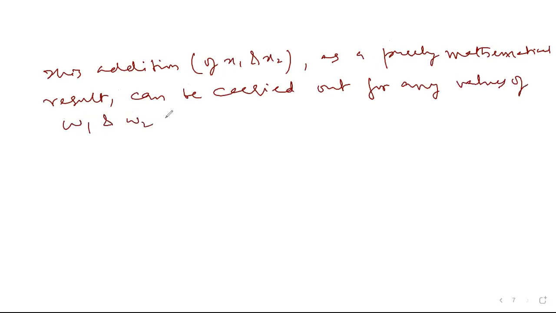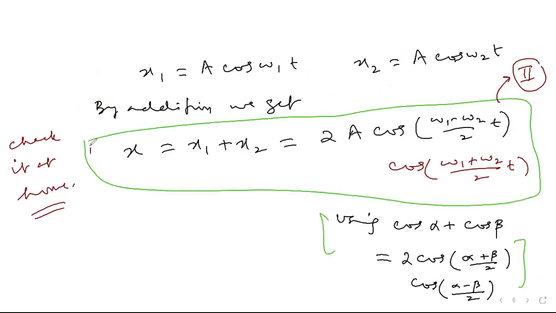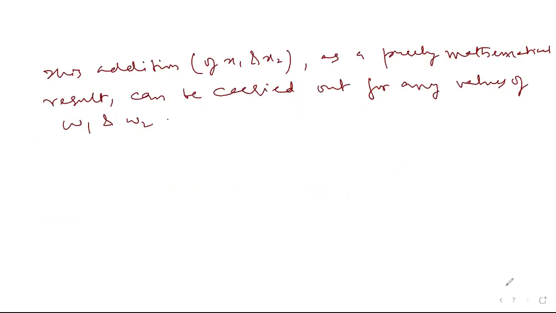There is no restriction for that. You can mathematically add x1 and x2 to get this x for any values of omega 1 and omega 2, right?